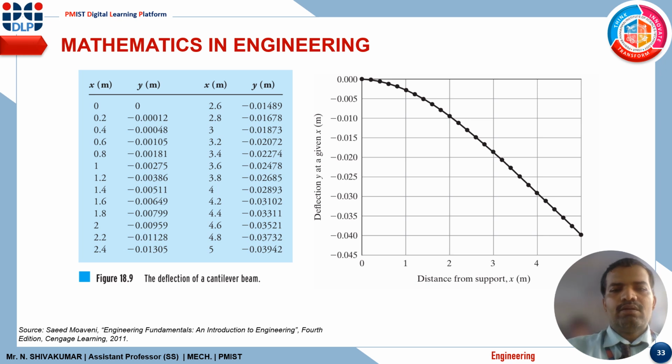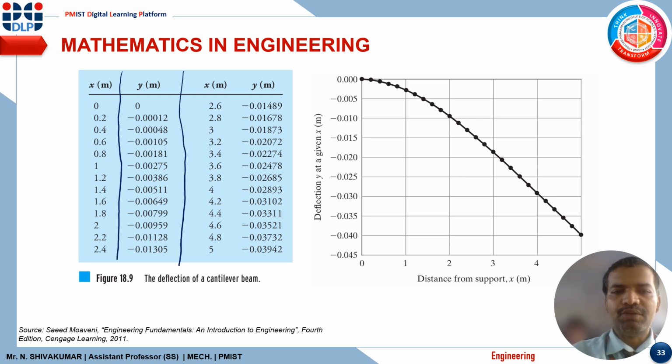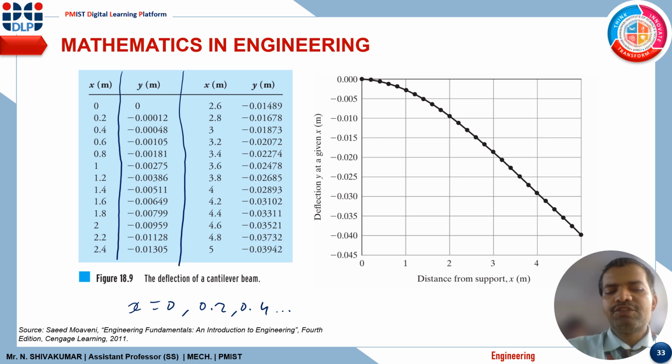So to plot, we have to have x value and the corresponding y value. So we have to calculate. So by feeding x value 0, 0.2, 0.4 like that, we have to input these values in the equation, in the deflection equation.